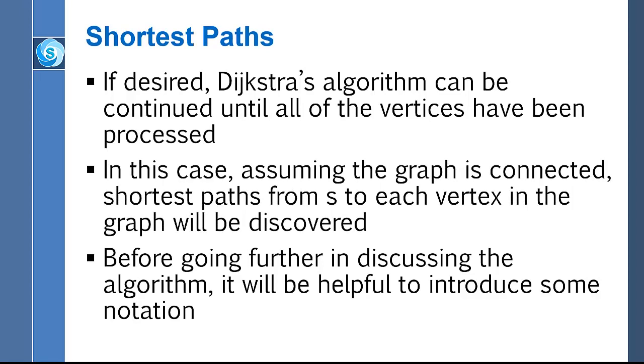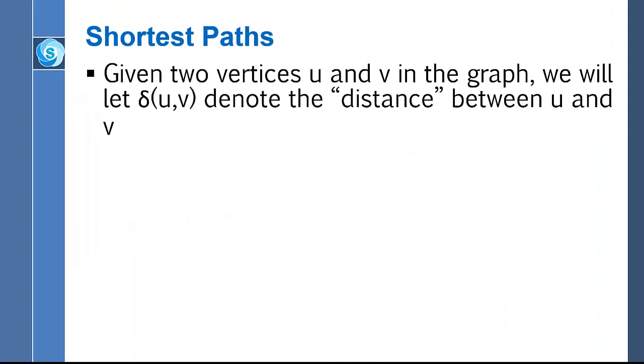Before getting into the details of the algorithm itself, it's useful to introduce some notation that's commonly used for Dijkstra's algorithm. And some of it is standard graph theory. Given any two vertices u and v in a graph, we can talk about the distance between u and v.